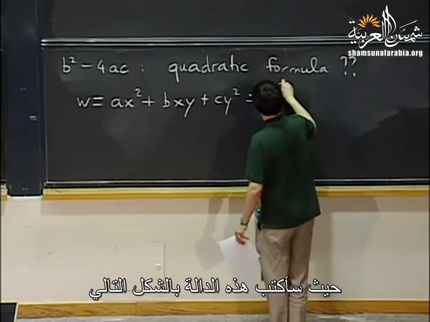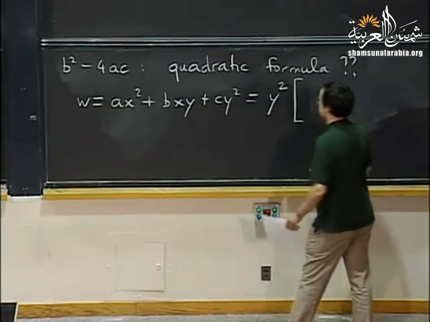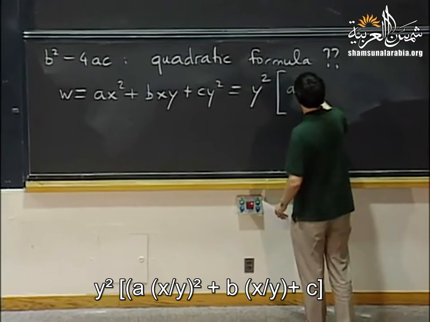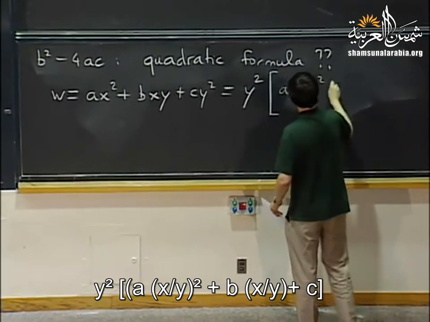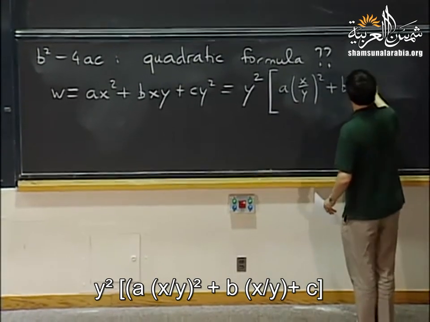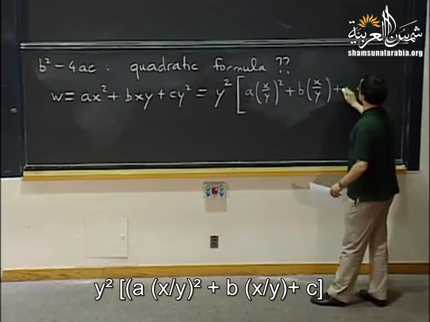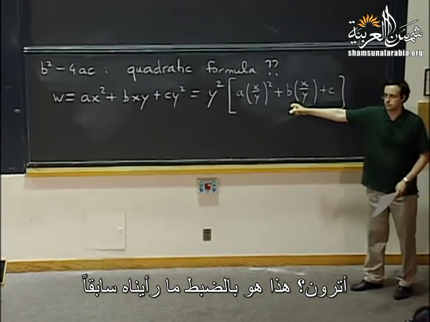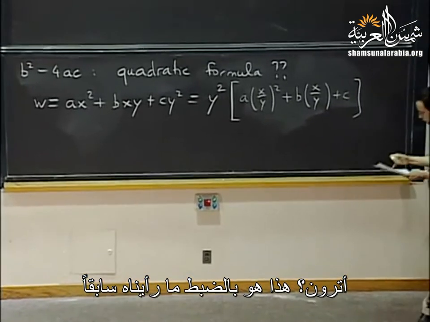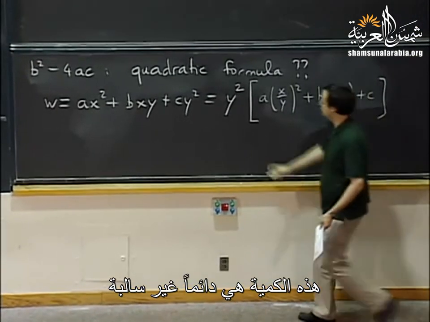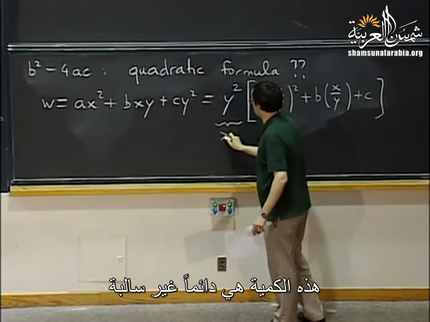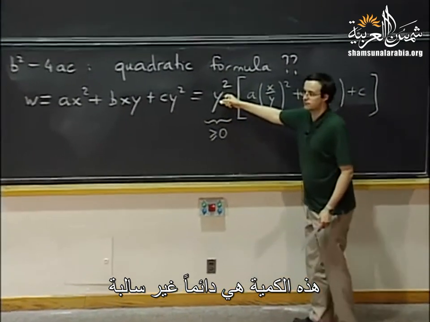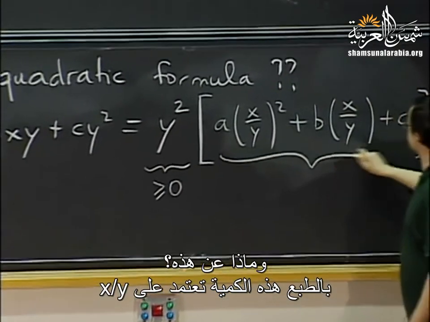And write this now instead as y squared times a times x over y squared plus b x over y plus c. Okay, see, that's the same thing that I had before. Right? Well, so now this quantity here is always non-negative. What about this one?